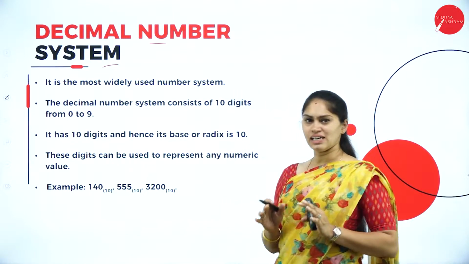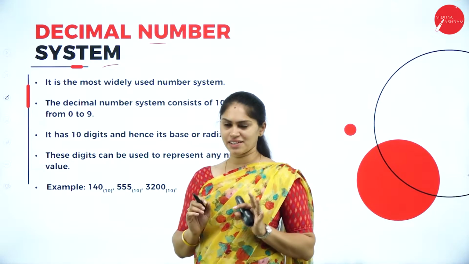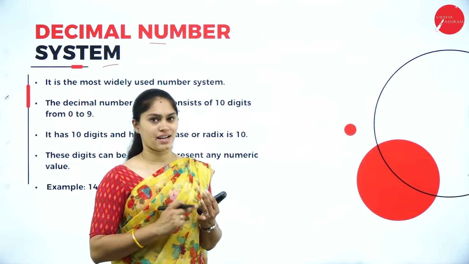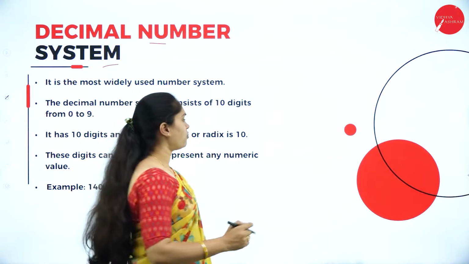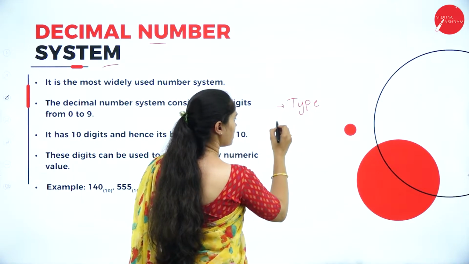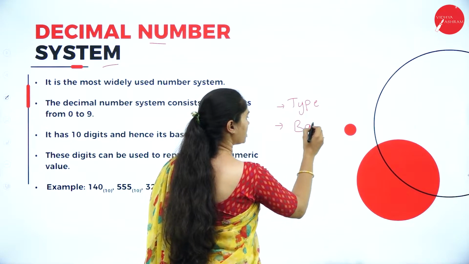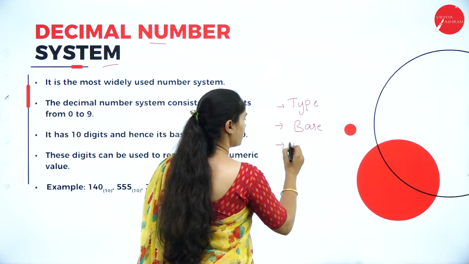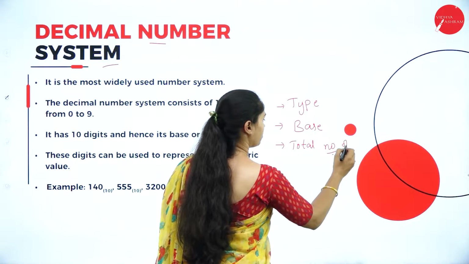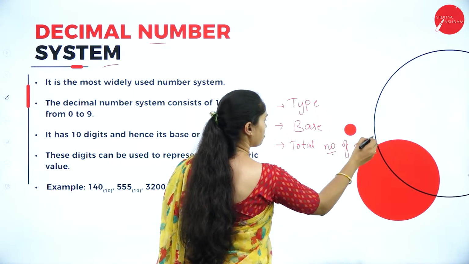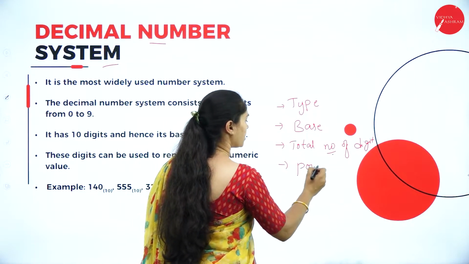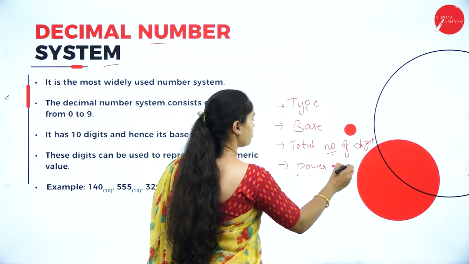So, as I said earlier, you need to concentrate on these things here. What is the type of number system, whether it is decimal, octal, hexadecimal or binary. Okay. So, find out the type of number system. After this, you need to concentrate on its base or radix value. Then concentrate on the total number of digits present in that particular number system, and it is represented with a power of what number?